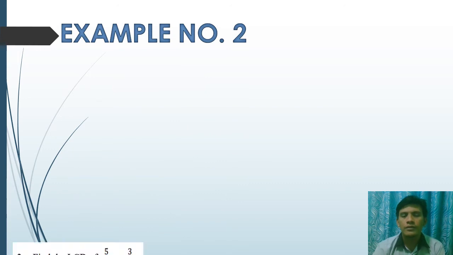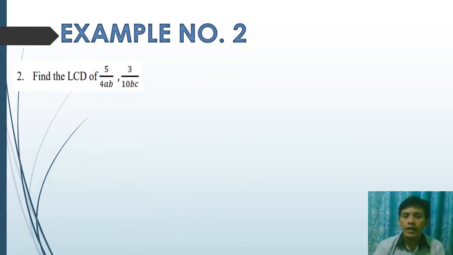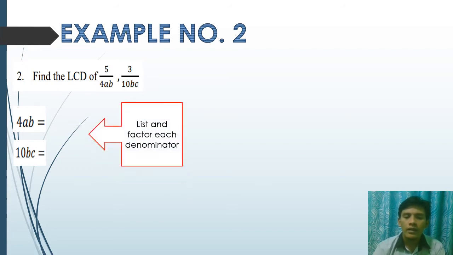Example number 2. Find the LCD of 5 over 4ab and 3 over 10bc. 4ab and 10bc are our denominators. 4ab can be factored into 2 squared ab. 10bc can be factored into 2 times 5bc.